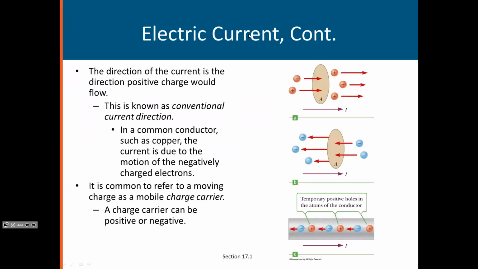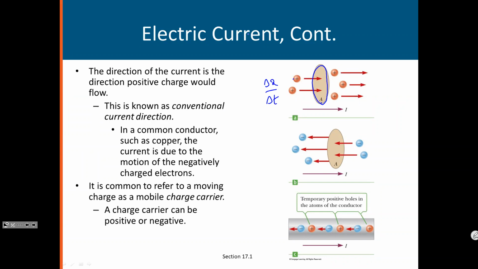Now let's look at the electric current in more detail. What I said was, we look at a cross section and see how many charges are passing through this area, and the amount of charge delta Q divided by delta T gives me the current. So what about the direction of the current?